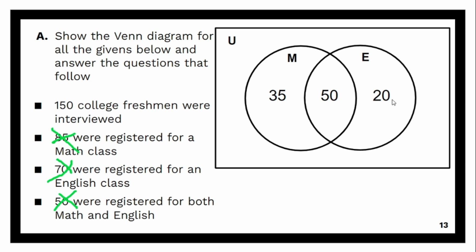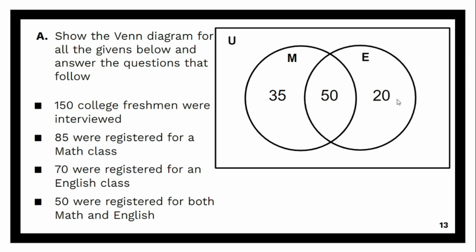Okay? Now, bilangin natin kung ilan to. 35 plus 50, that's 85, plus 20, that is 105. Correct? 105 lang, teacher, ang nag-register daw ng college freshman, lahat ay 150. So, nasan yung nawawala? So, we have 35 plus 50, that's 85, plus 20, that's 105.